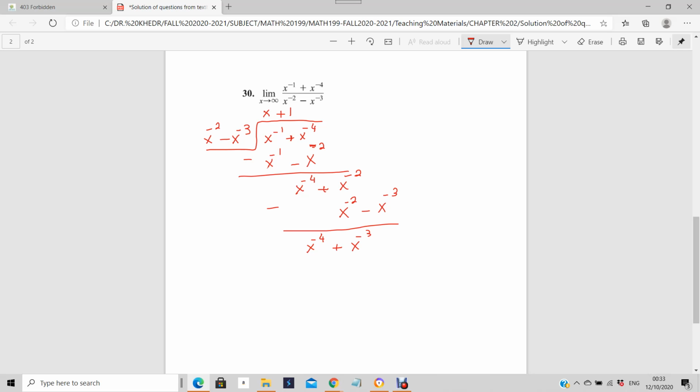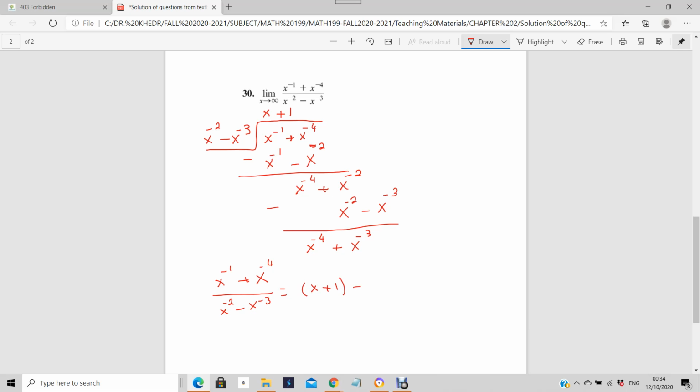Now see here, the highest power is minus 3. The highest power here is minus 2. And minus 3 is less than minus 2, so we stop the long division. Then we will say the rational function we can write it as, the answer is in the top here, which is x plus 1 plus the remainder.